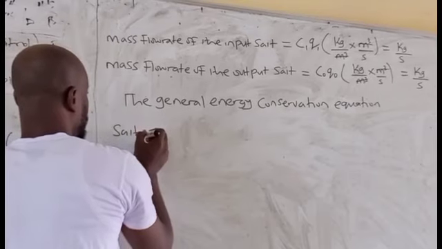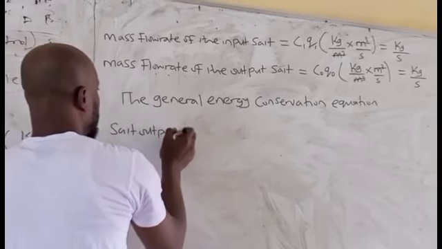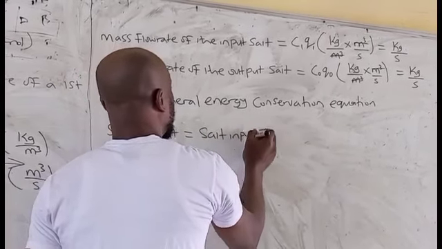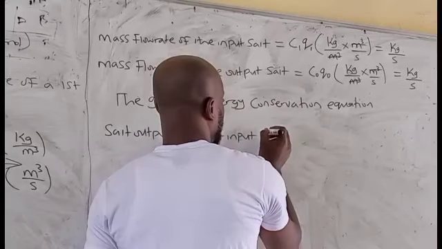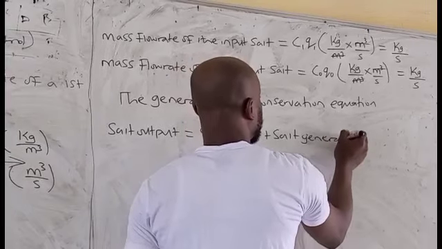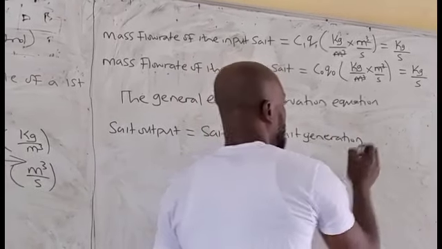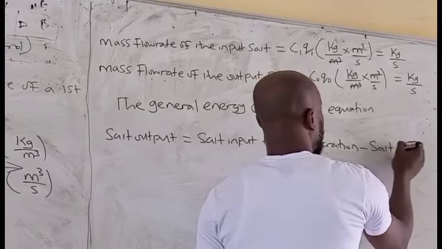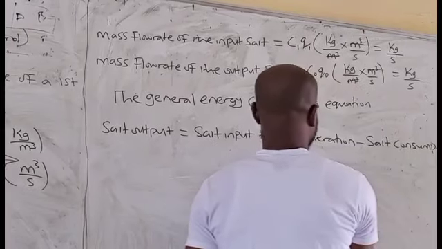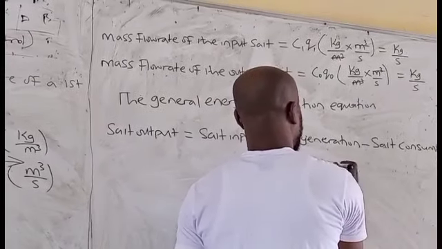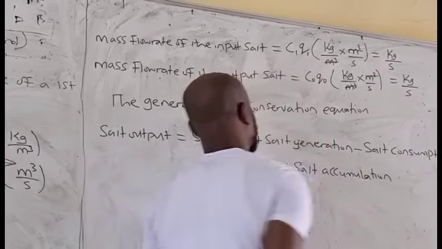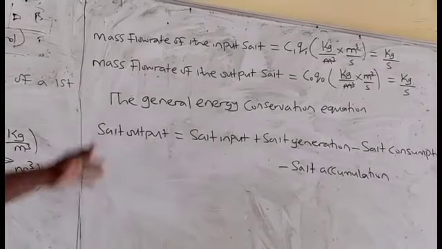Source output is equal to source input, plus salt generation, then minus salt consumption, then minus salt accumulation. So this is the equation now.